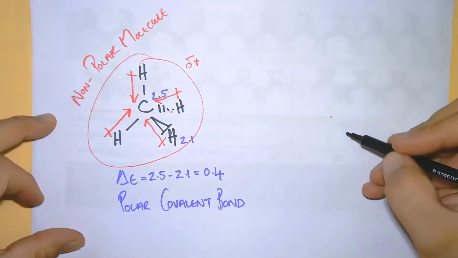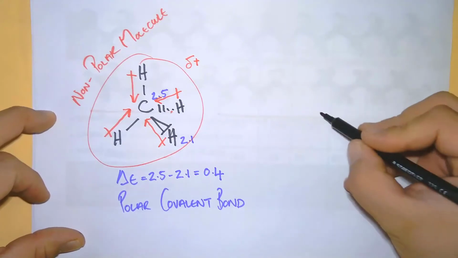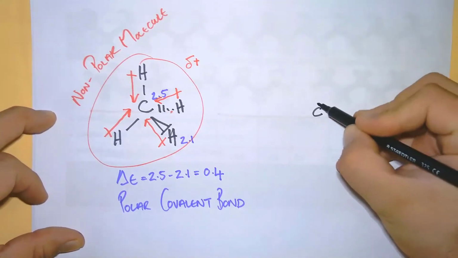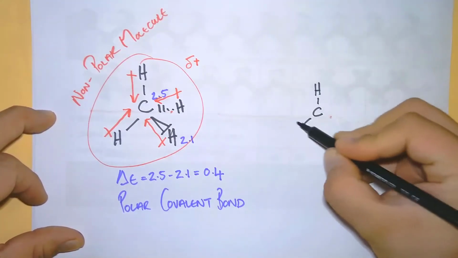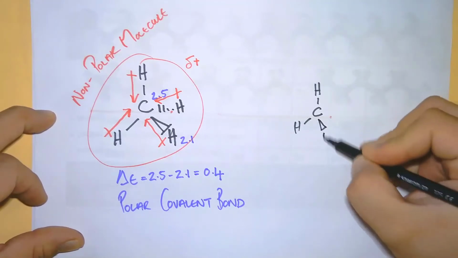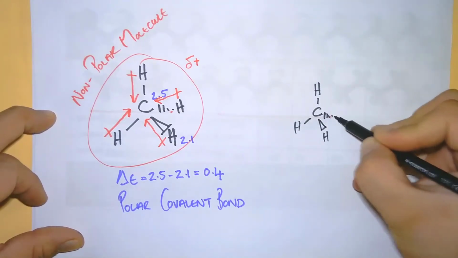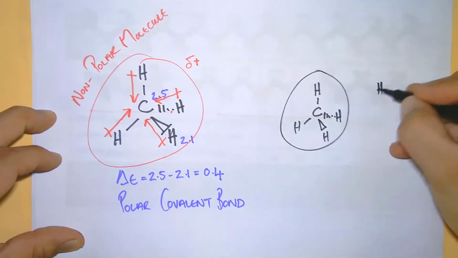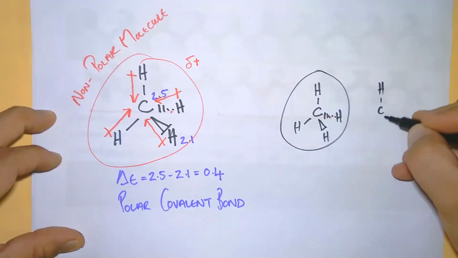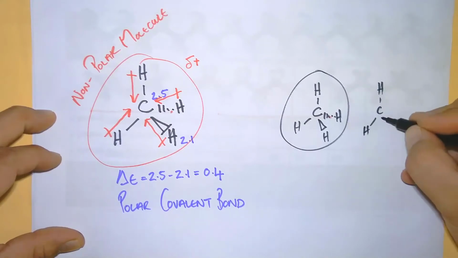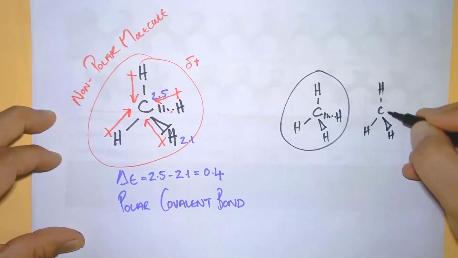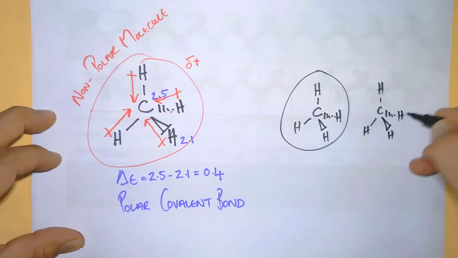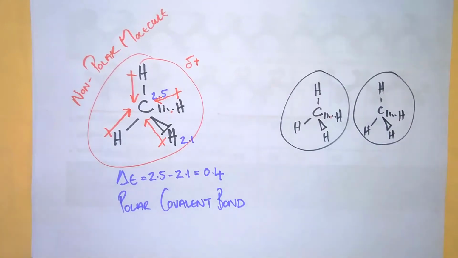So when we have 2 methane molecules interacting with each other, let's just draw 2 little methane molecules here. Okay, and there are our 2 little methane molecules.